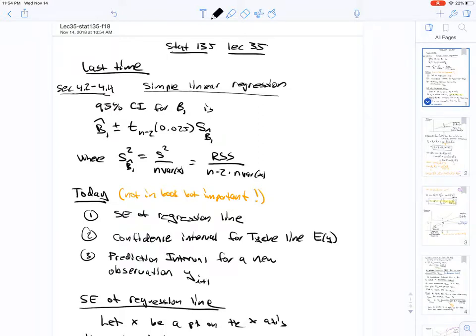The standard error for beta 1 hat squared is the RSS, the residual sum of squares, divided by n minus 2 times n variance x.